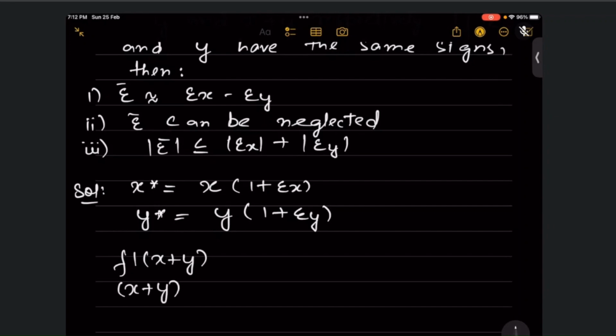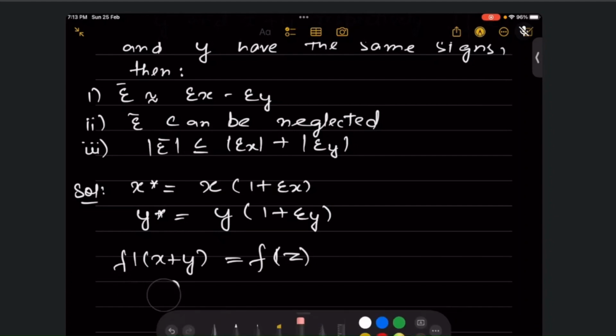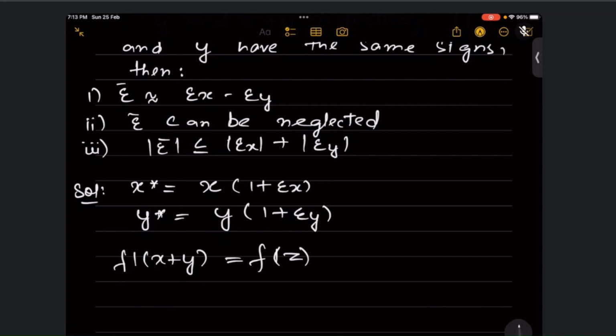Suppose it is z. We can simply say it is f of z, and it can be written as z into 1 plus epsilon, right?